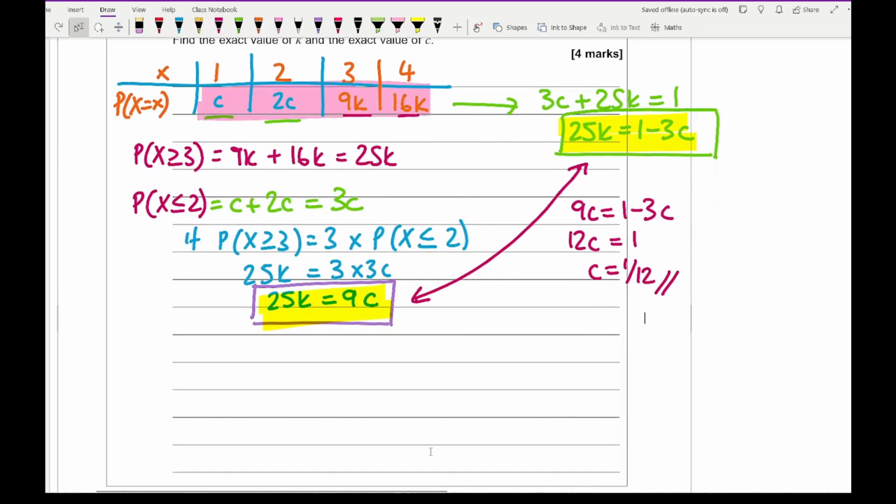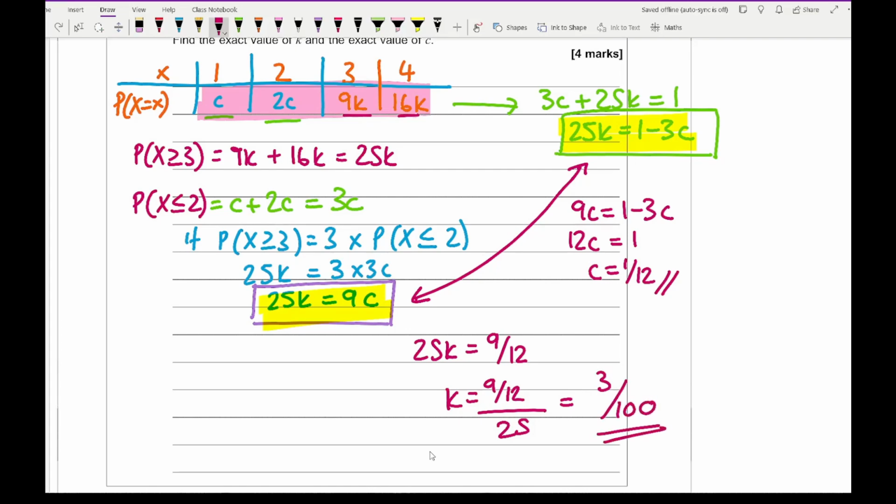Then if c equals 1/12, then 25k equals 9/12, so k equals 9/12 divided by 25, which on the calculator gives me an answer of 3/100.